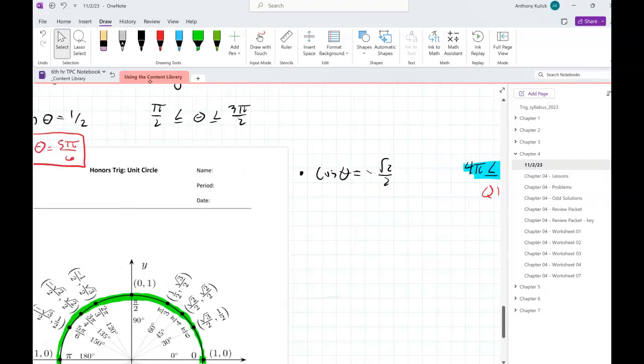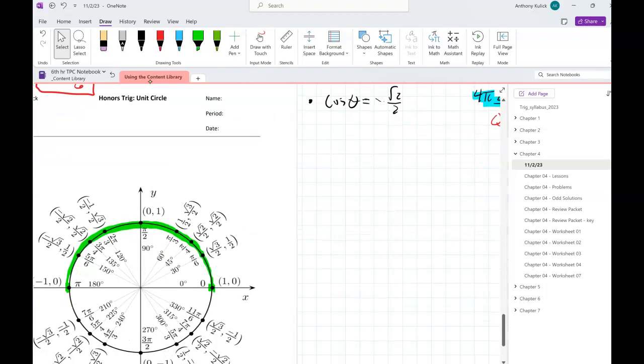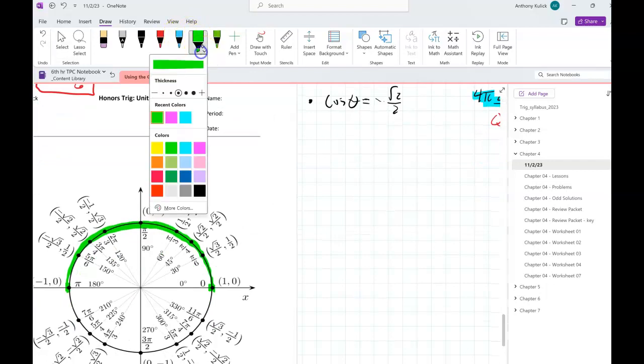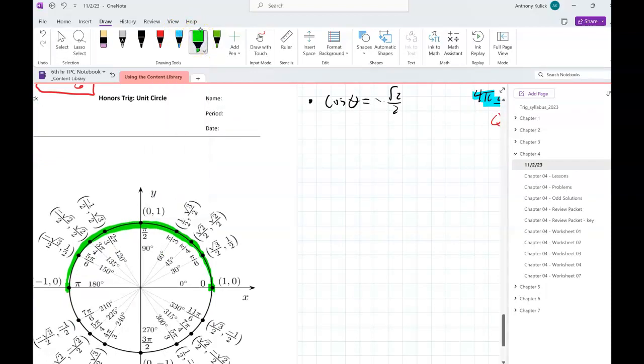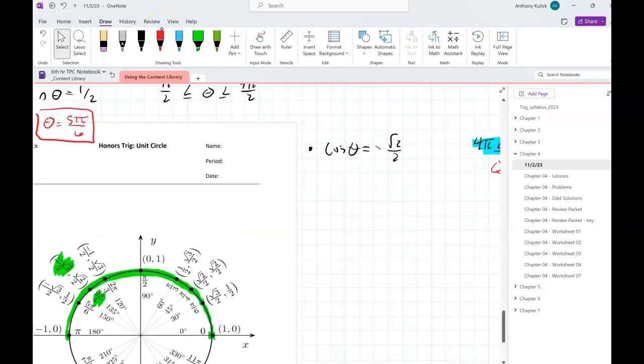All right. So if I go and look at quadrants 1 and 2, I'm looking for the x coordinate at negative root 2 over 2. So we should have 3 pi over 4.